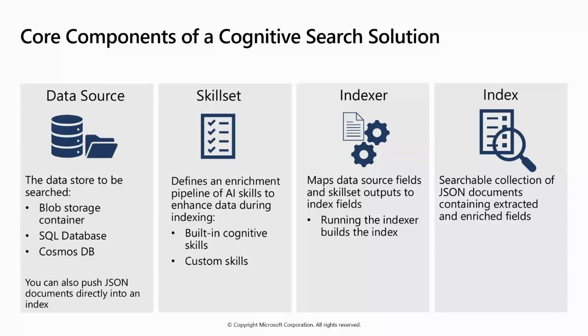The skill set, well, you might simply index the data taken from the data source in what you could call a rudimentary search solution. The amount of information that may be extracted is regulated by the data source.